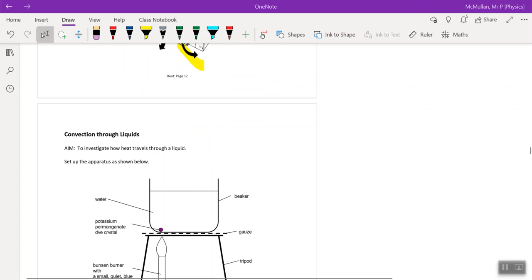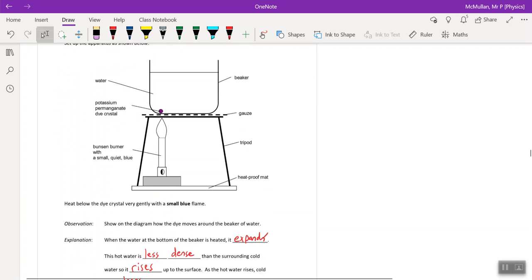The new topic we're going to look at today is called convection through liquids. Now obviously in class we would have carried out this experiment, but in Firefly I've posted a video of a similar experiment for you to watch to give you an idea of what would happen. We have water with a chemical inside the water and a flame just below.